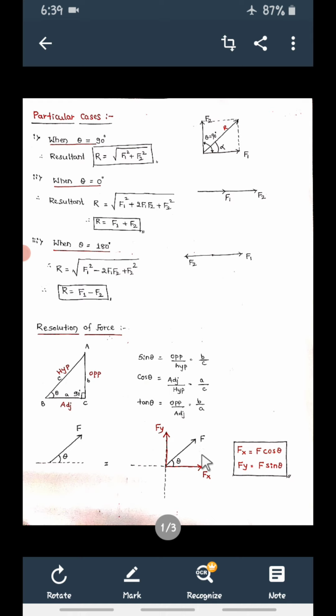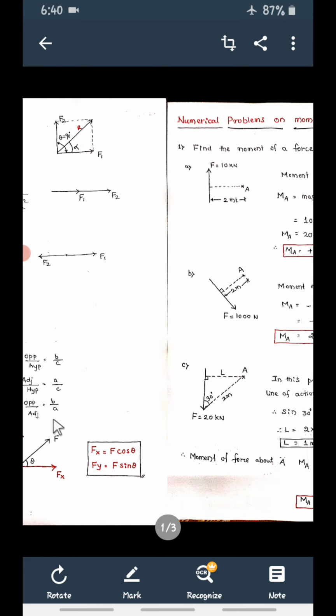And when you resolve this force along the y-axis, the vertical, this becomes F into sine theta. So Fx is equal to F cos theta, you have to write. Then the component in the vertical direction, Fy, is equal to F sine theta. This is important when you are solving the problem, so you need to remember this.